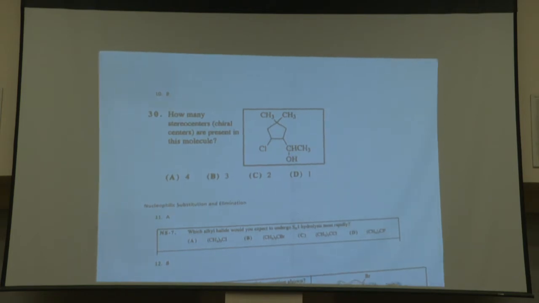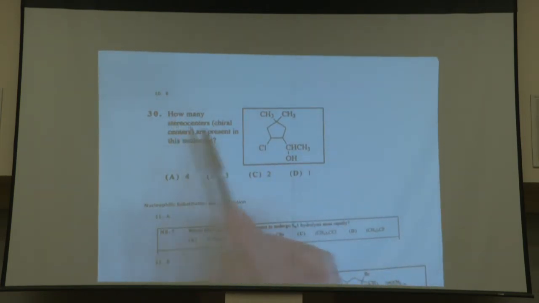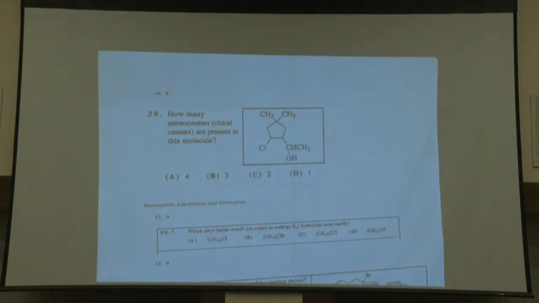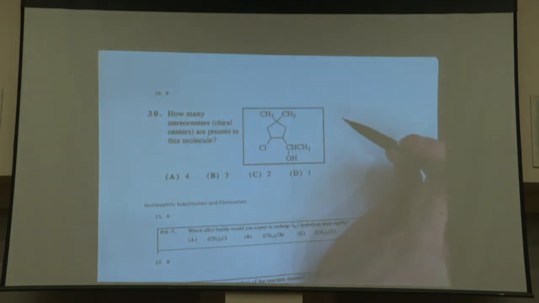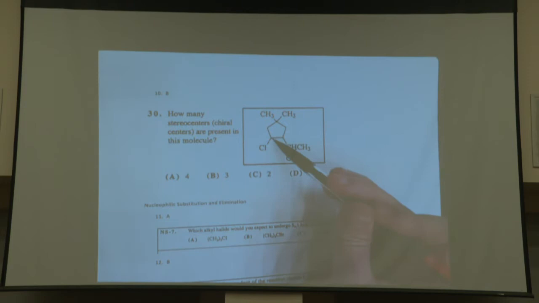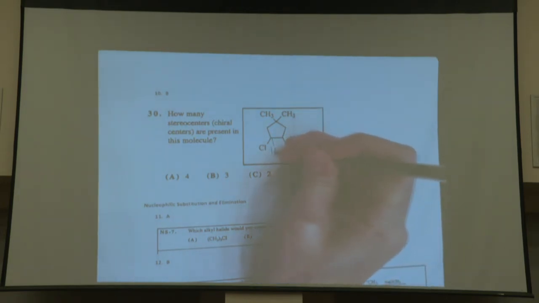All right, so how many stereocenters, aka chiral centers, are present in this molecule? We're going to start at this carbon. I have 2 CH3s, so already I have 2 of the same thing. That can't be a stereocenter, so we'll move on. This carbon has a chlorine, has a hydrogen.